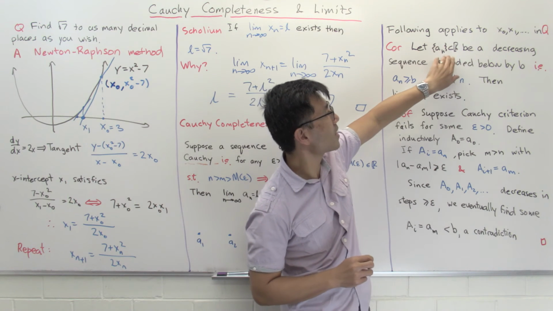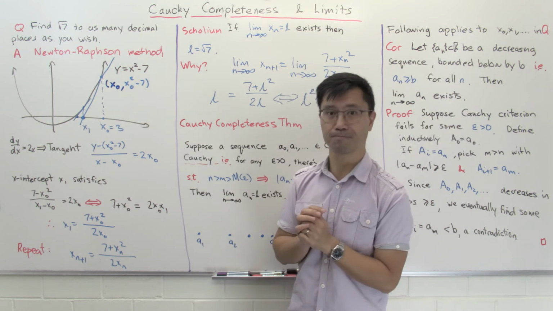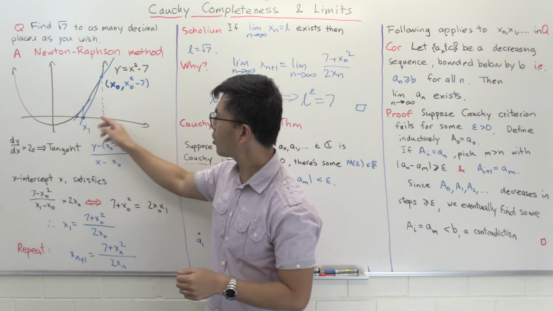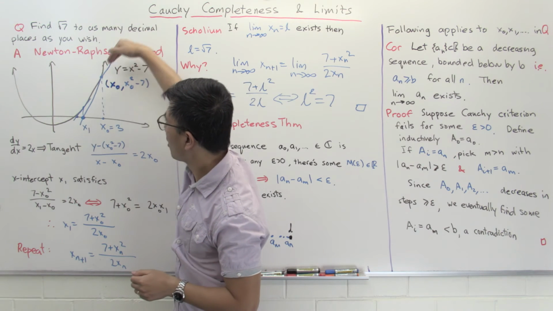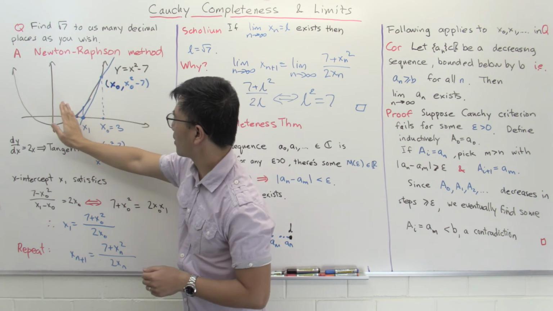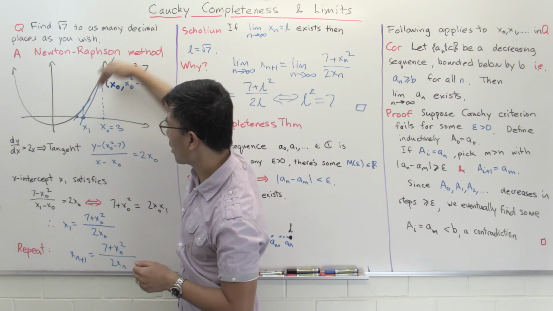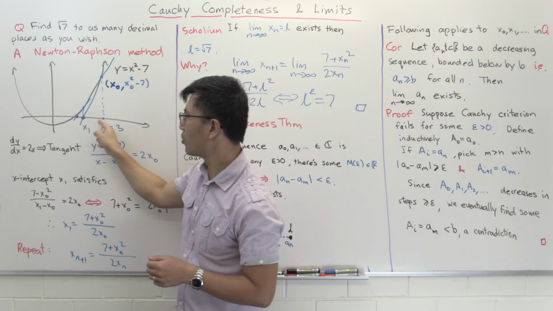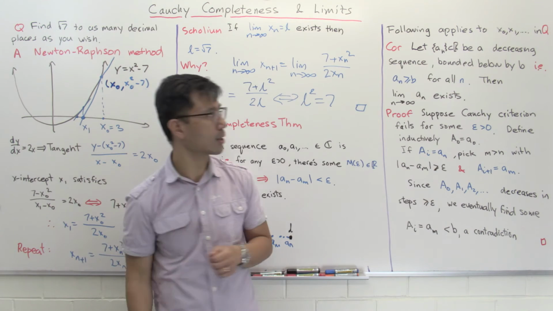Suppose now you have a sequence of real numbers, and it's actually decreasing. You can see from the shape of this graph that when you draw this tangent line, on the right of this root 7, the tangent line is always going to point like this, so your next approximation is always going to move towards the left. So you have a decreasing sequence here.